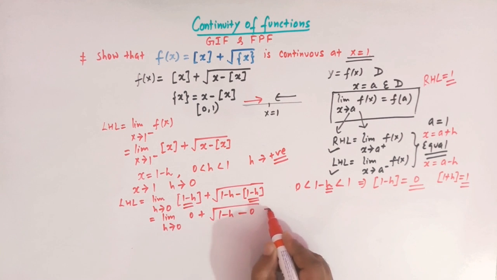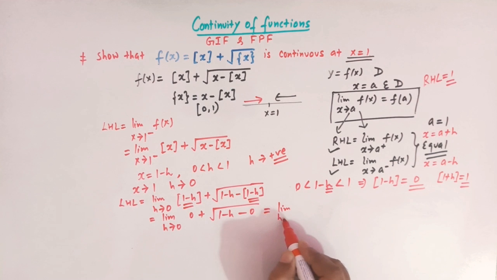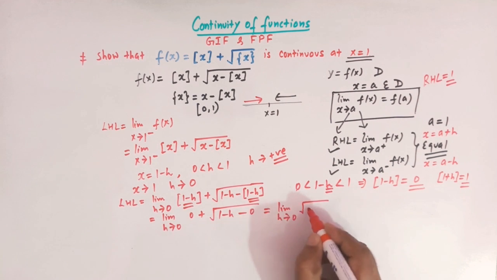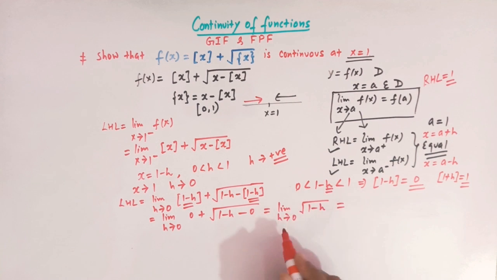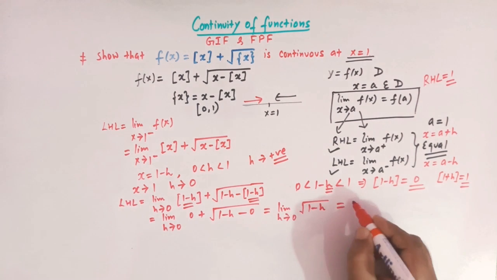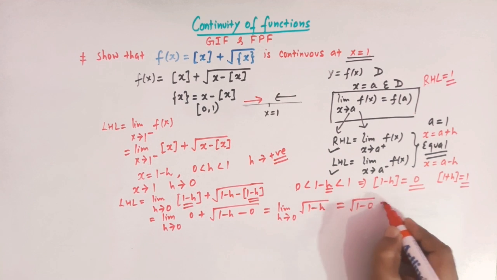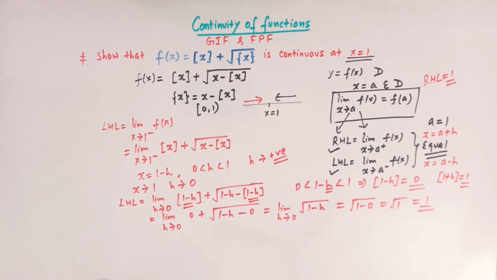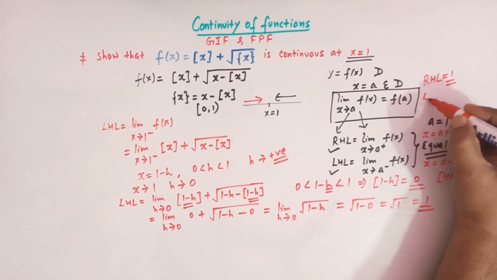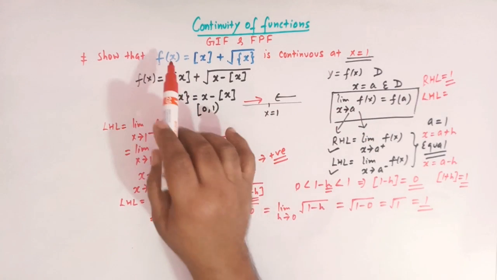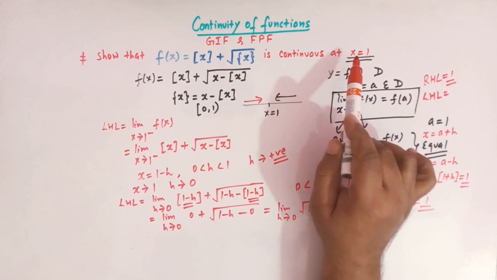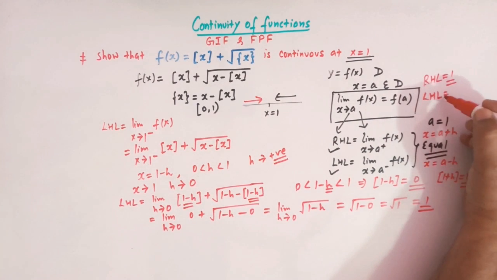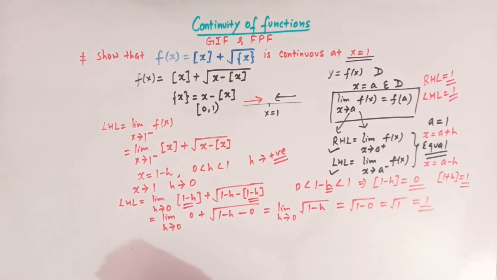Okay, so now we can write limit h tends to 0 of square root of 1 minus h, right? So when h is 0 here, we get square root of 1 minus 0, that is square root of 1, which is equal to 1, right? So we see that the left hand limit of this function, when x approaches 1 from the left of x is equal to 1, is also equal to 1, right?